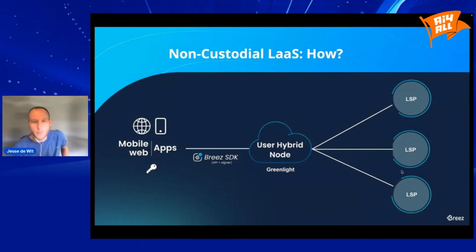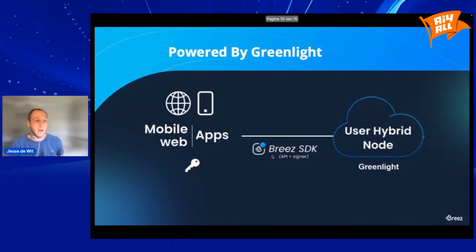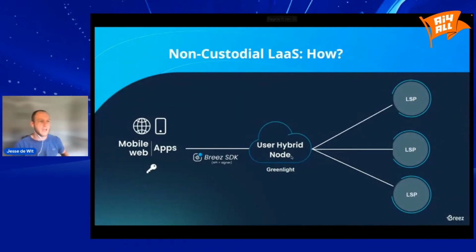So let's put that into a picture. What we see here is the Breez SDK from the perspective of one end user of the SDK. And this end user will probably not know about what the Breez SDK is, only the app developers do, but this is what the infrastructure would look like.